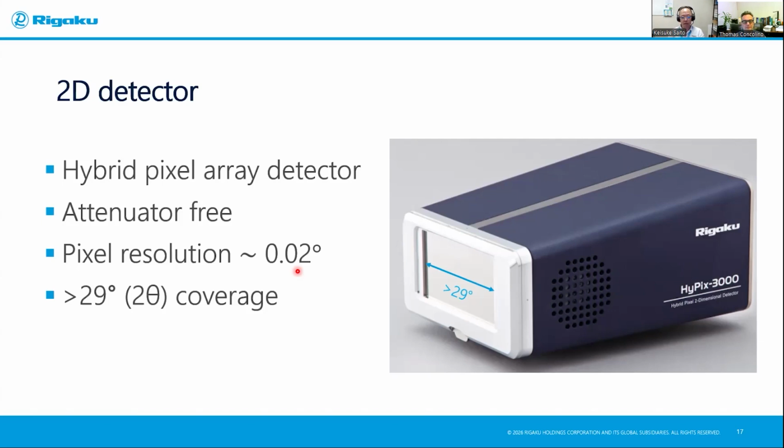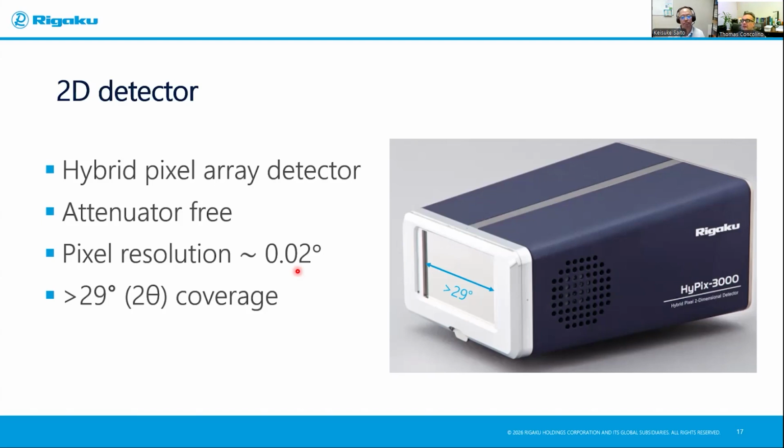Even though the pixel resolution is 0.02, it doesn't guarantee that you can separate peaks 0.02 degrees apart, because if the incident X-ray is more divergent than 0.02, the peak is broadened by the incident beam, not by the detector. That's why it's difficult to answer your question. It's not straightforward, but a mixture of every contribution.